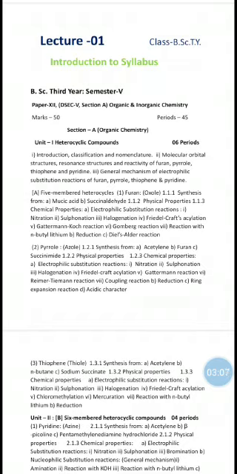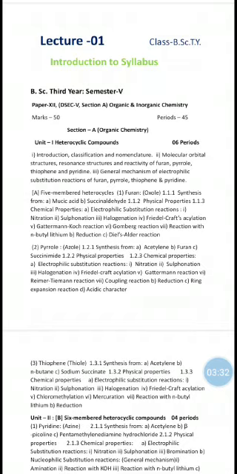Obviously you have studied it in the last semester: the compounds which contain one or more heteroatoms in the ring are known as heterocyclic compounds.